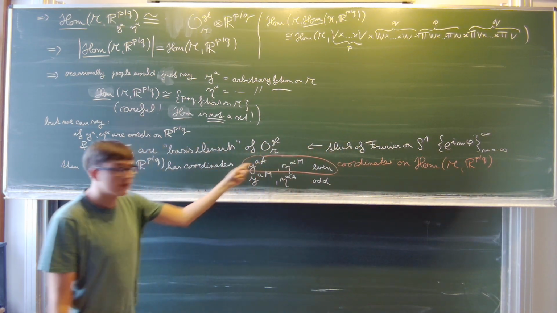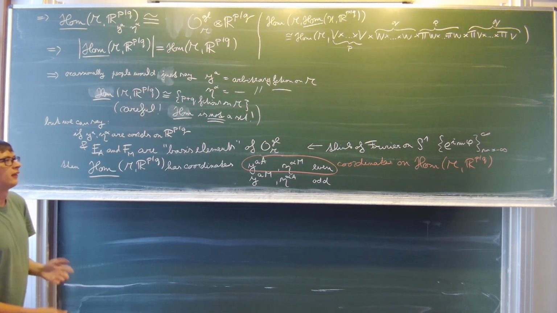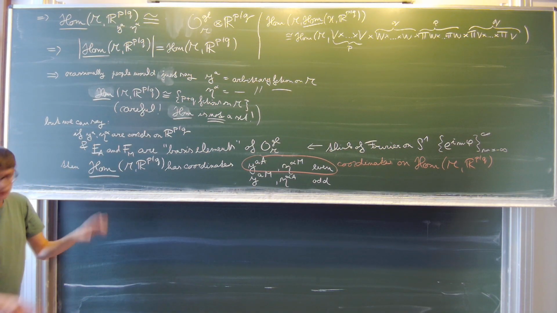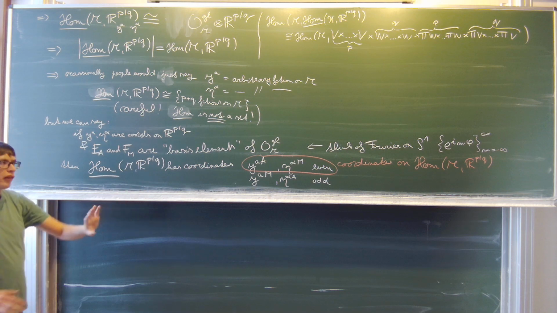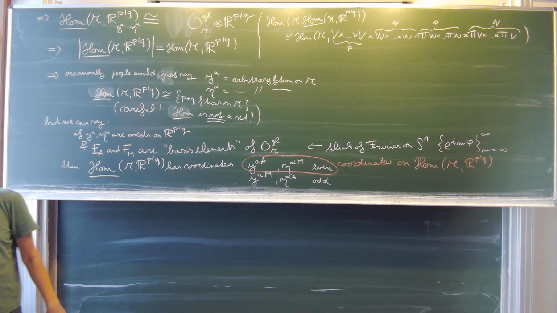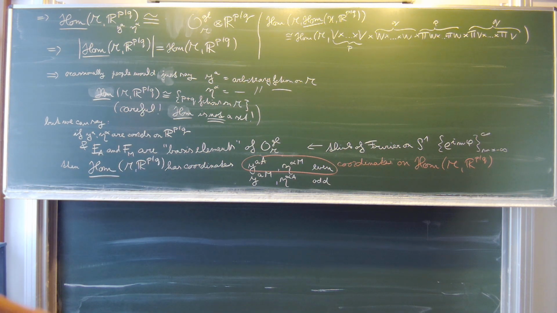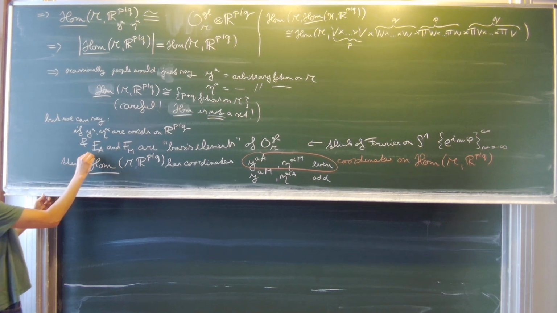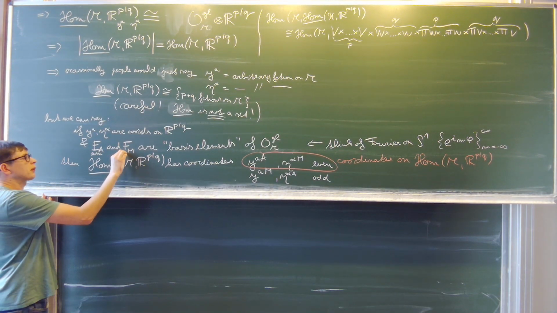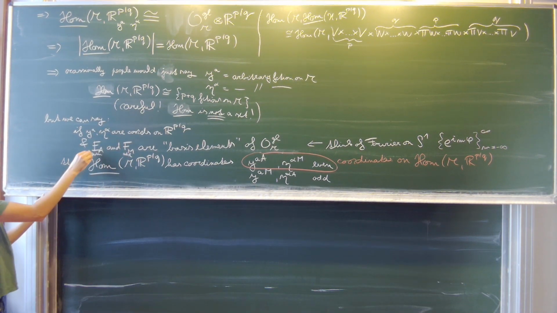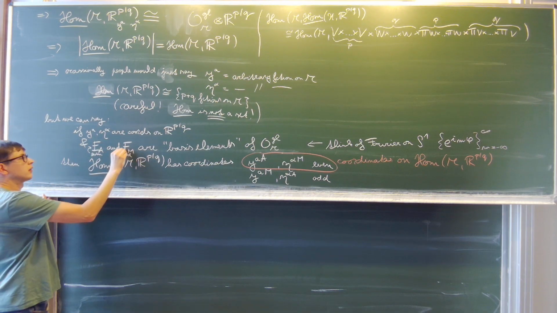That's why I have two indices there. Okay, moral of the story: it's not a set, coordinates are meaningful though, so you can write coordinates. And of course here I forgot to say that these are the even and these are the odd, but perhaps you understood that.